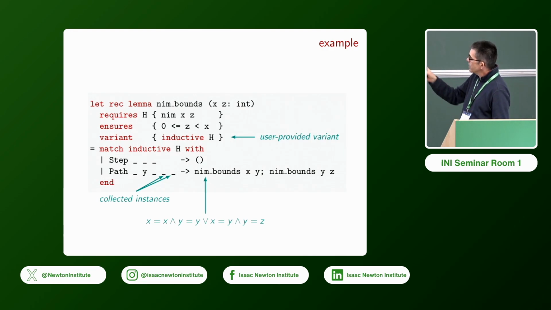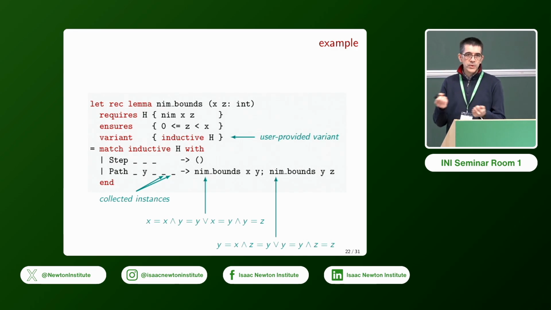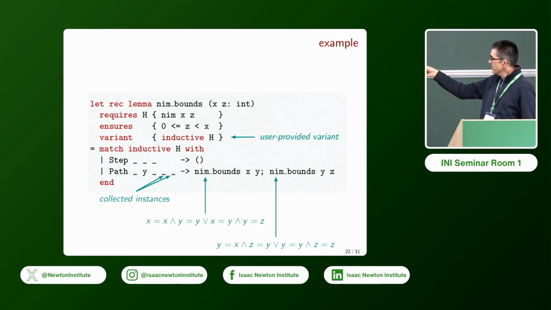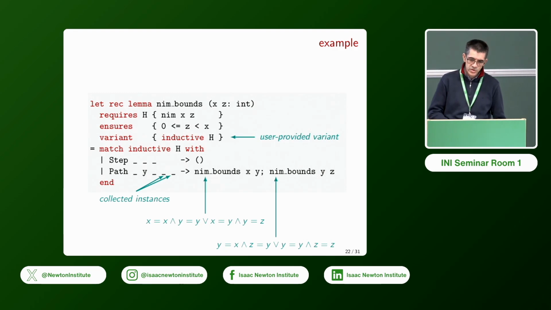So when we come to the recursive call, we generate this verification condition saying that we are indeed in one of these two cases, and that's trivially true by the left part of the disjunction. Similarly, when we make the second recursive call, we have this disjunction saying that we are in one of these two cases, and in that case, the right part of the disjunction is trivially discharged.